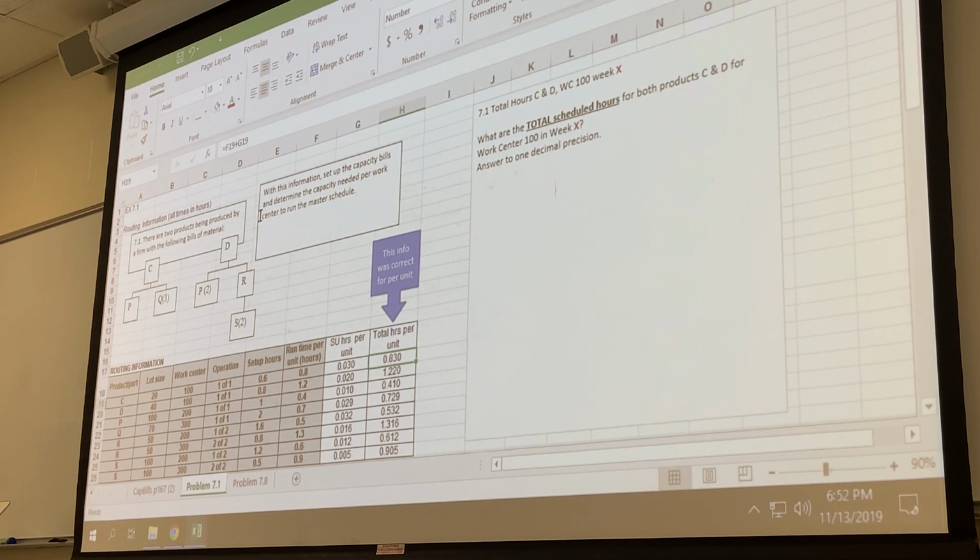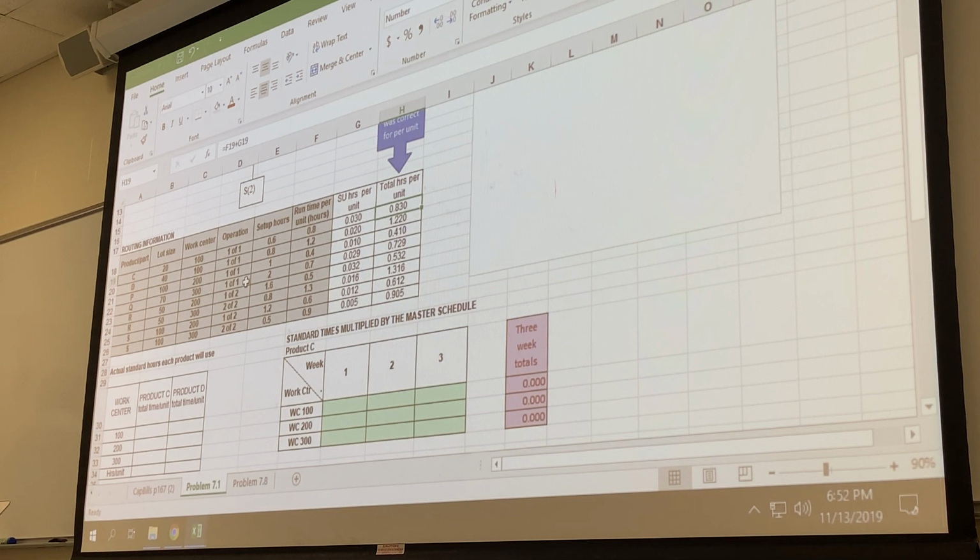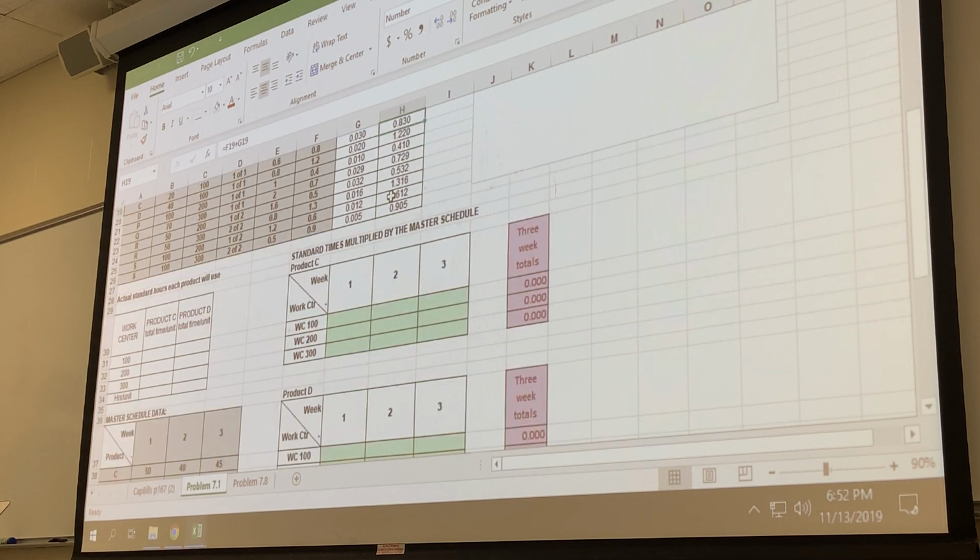I didn't have the actual standard hours for each product, so I used a different formula in my scheduling for products C and D. I've incorporated all that into my formula on those products.